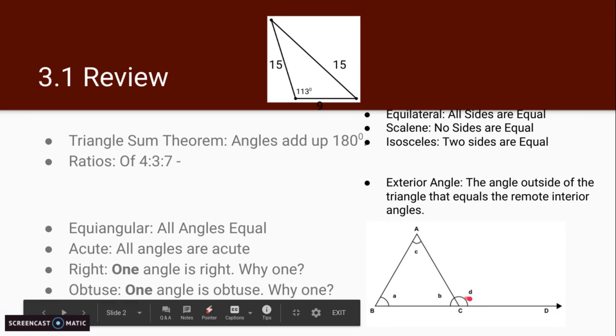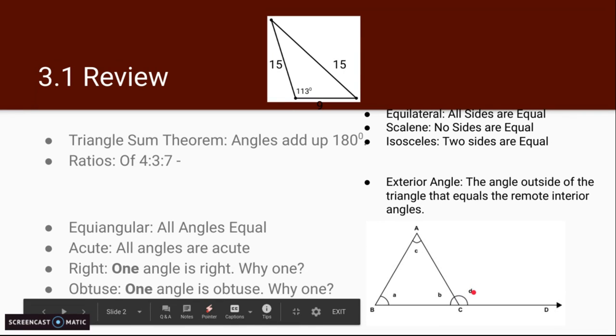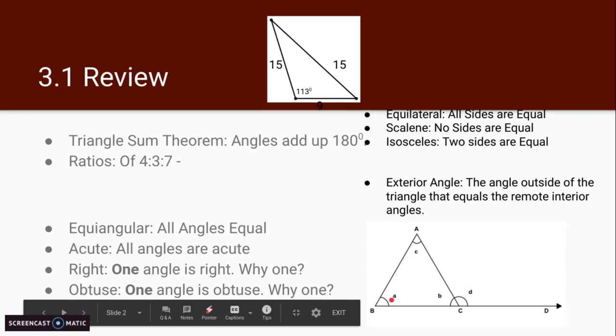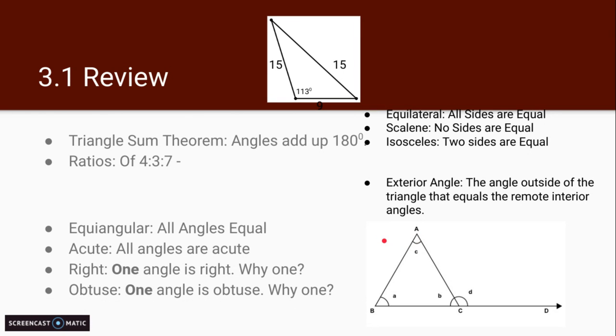Just pretend this is D. Angle D is the exterior angle, and to solve, you would say D equals C plus A. Those are the remote interior angles. All that means is they're the ones the exterior angle is not touching. So it's not B. It's going to be A and C. So D equals A plus C.